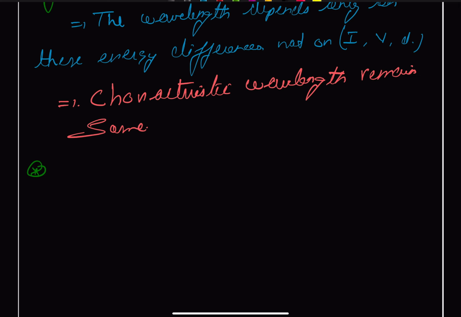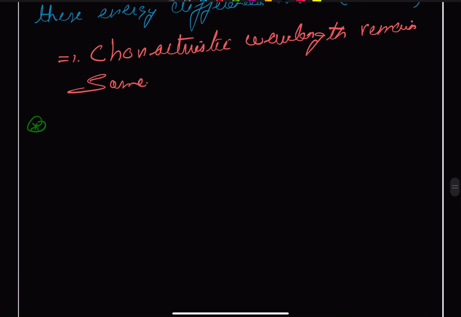Basically, as the current changes, the number of electrons being ejected also changes. Therefore, the X-ray intensity scales with the tube current.